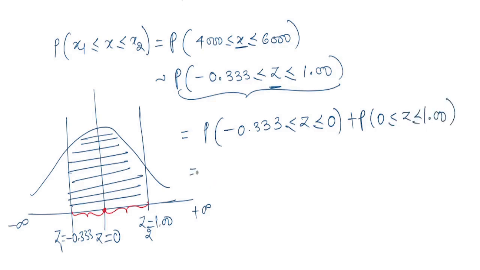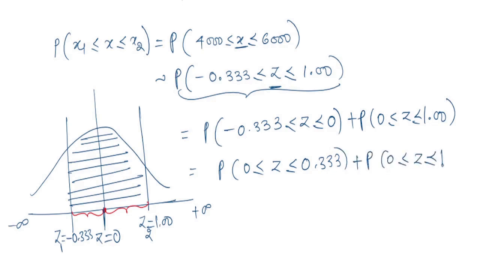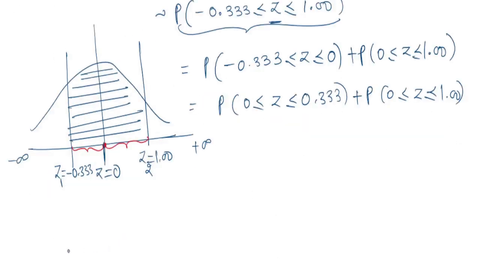Now as z is equal to 0 is the line of symmetry, minus 0.33 to 0 is equivalent to 0 to 0.333, and the second probability will remain as it is. How can we see the symmetry? Shortly we will draw one more diagram. Z is equal to 0, z1 is equal to minus 0.333.